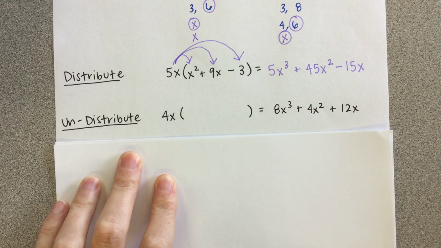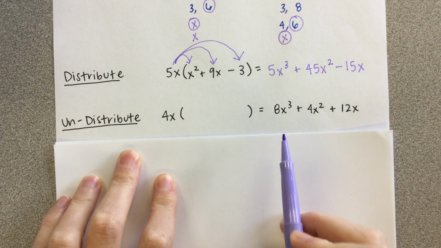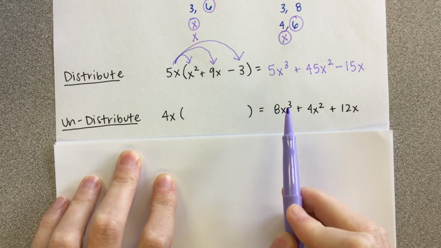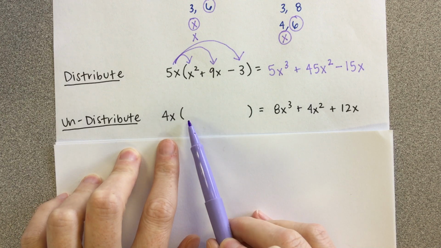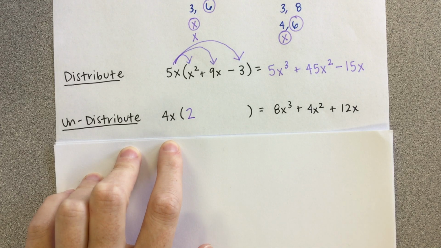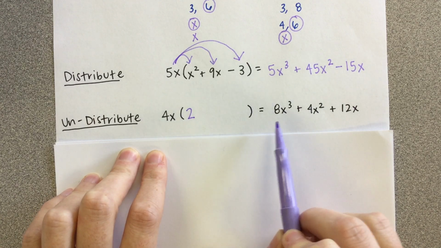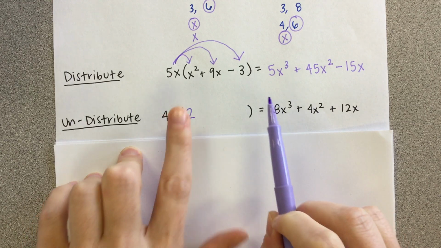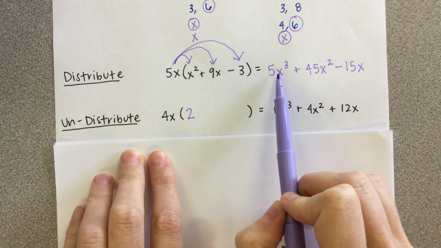And so we've got to think about, well, 4x multiplied by what number would equal 8x to the third power? So I know that 4 times 2 is 8, right? So there's going to be a 2 here. And then let's consider the variables. We've got to think about x times what would be x to the third power. And we could even look back up here, right? X times x to the second power is how we get x to the third.